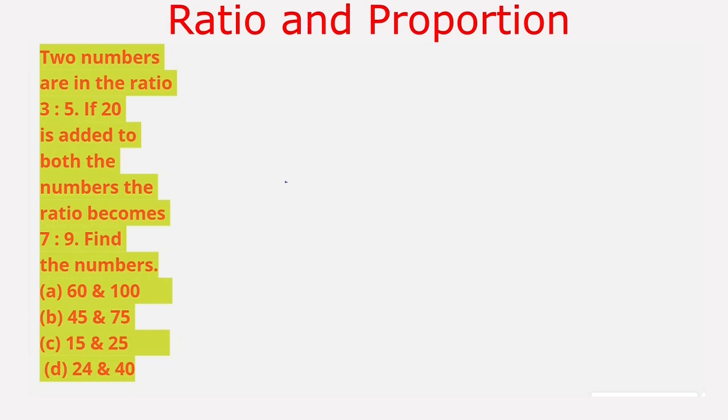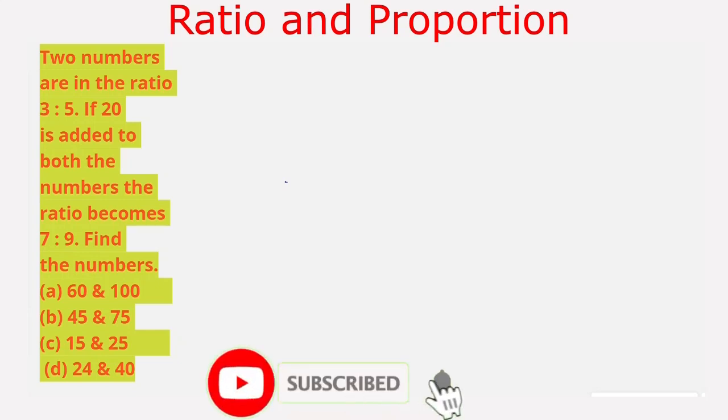This way we can easily solve such type of question orally from the given options. Now we can also verify the first number. If we add 20 to 15, it becomes 35, and this number must be divisible by 7. As we know that 35 is divisible by 7, hence we can say that our answer is option C, 15 and 25. Now we can solve it also.